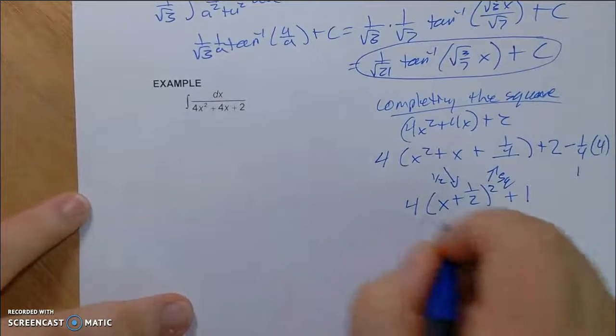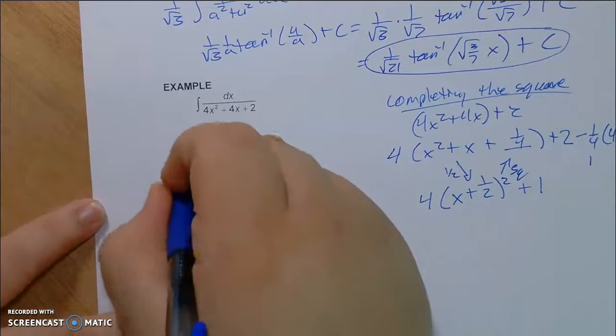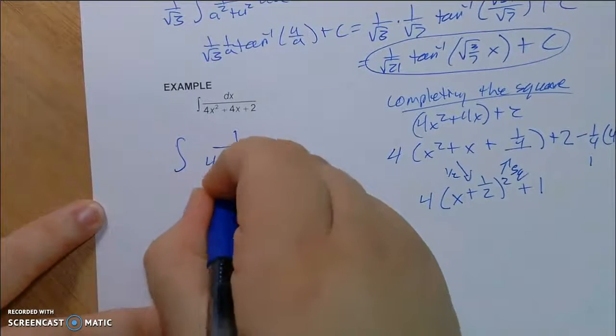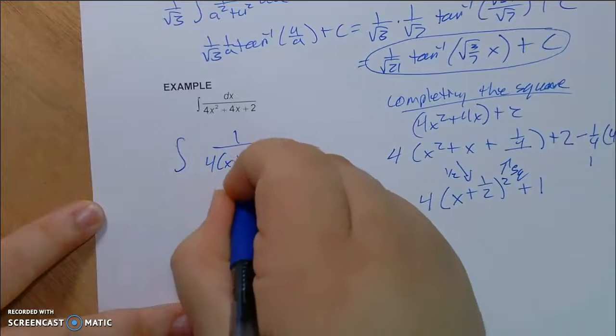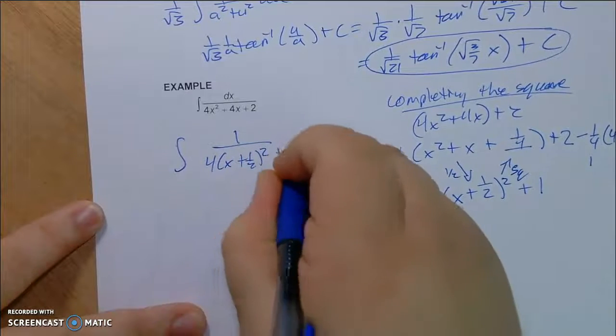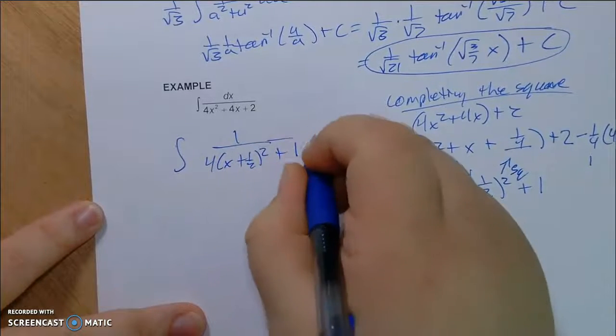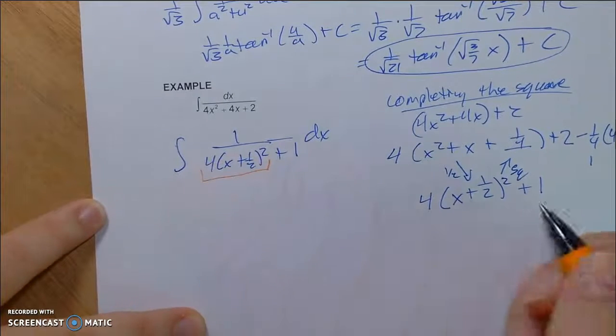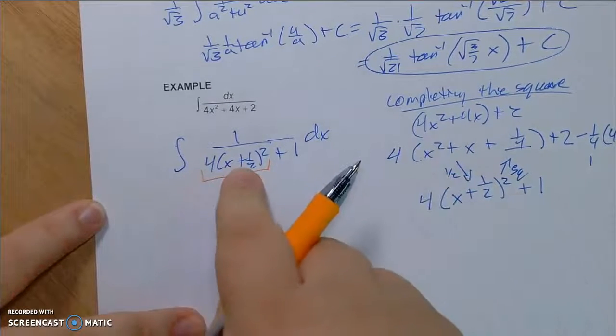So we're going to stick that back in here. 1 over 4 times x plus 1/2 squared plus 1 dx. So here is our expression that's squared. 4 is squared, this is squared, that works.